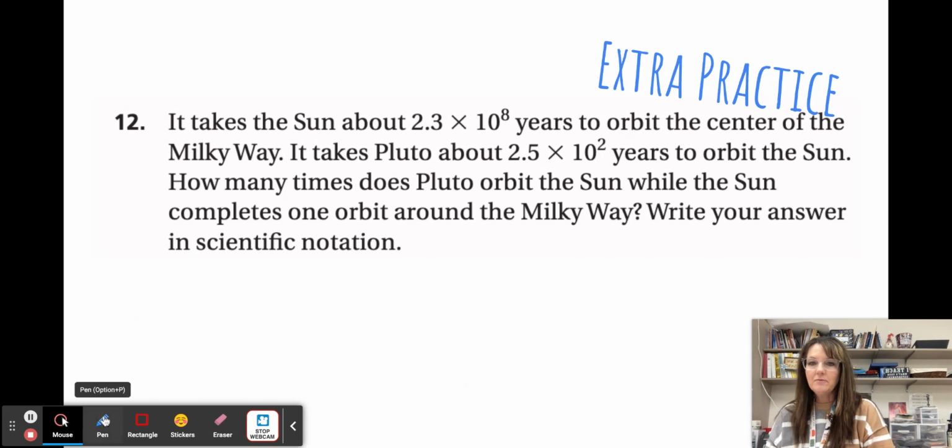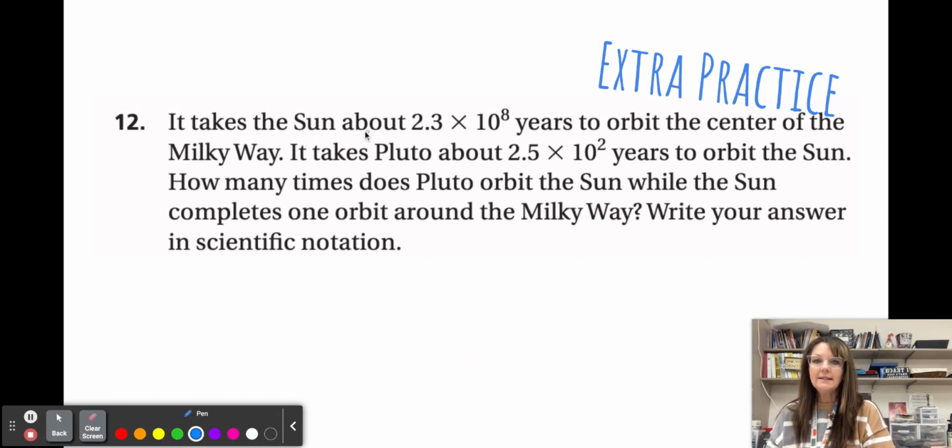So let's go ahead and do one more. Okay, it takes the sun about 2.3 times 10 to the 8th. So we're getting into scientific notation. Quick refresher on scientific notation. This is in the form of c times 10 to the n. C is a decimal number that is greater than 1 and less than 10.